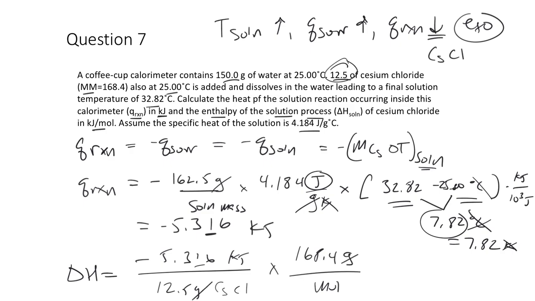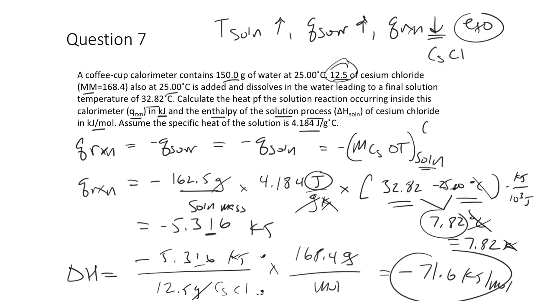So that's how we go from this much heat per this much quantity of reaction that took place. We just convert to moles. So divide by 12.5 times 168.4 gives me a value of negative 71.6 kJ per mole.